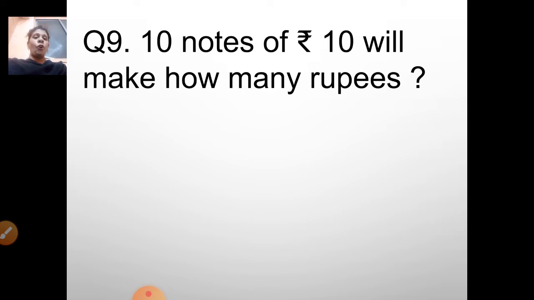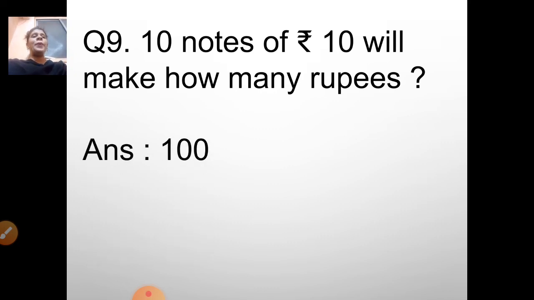Now one note of 10 rupees will make 10 rupees. 2 notes will make 20. 3 notes will make 30. 4 notes, 40 rupees. 5 notes, 50 rupees. 6 notes, 60 rupees. 7 notes, 70 rupees. 8 notes, 80 rupees. 9 notes, 90 rupees. 10 notes, 100.